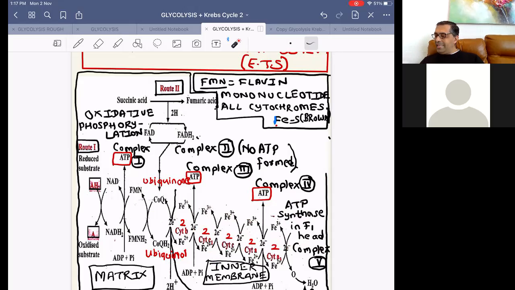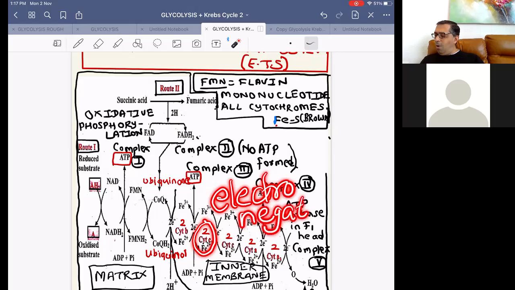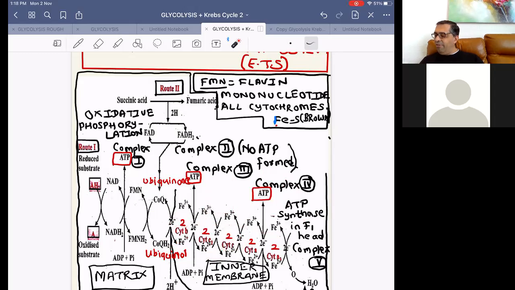Now cytochrome C1 से भी ज्यादा electronegative is cytochrome C. So cytochrome B से ज्यादा electronegative was cytochrome C1. Cytochrome C1 से ज्यादा electronegative is cytochrome C. Again cytochrome C, ferric will get reduced to become ferrous.